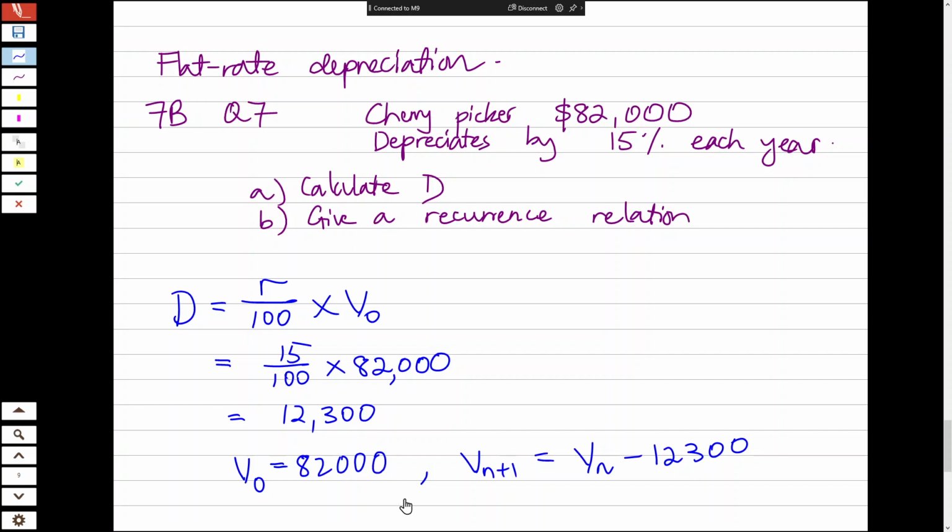If you do that, you'll be fine. You won't be asked to do anything else in this course. Okay? Remember, you need both the starting point in the sequence and the pattern. You need two equations to define a recurrence relation. Please do not just give me the second equation. Okay?